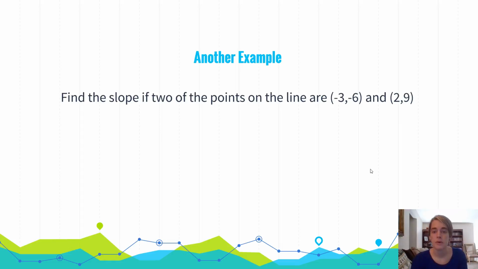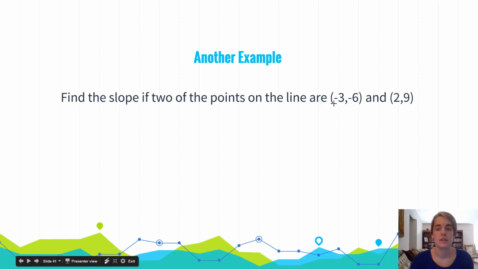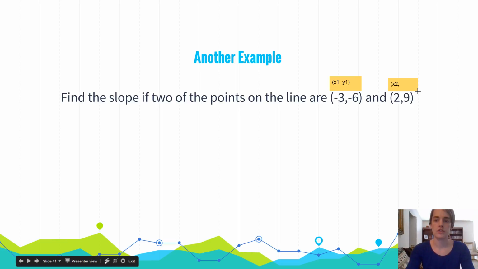Here's another example. This one gives us (-3, -6) and (2, 9). So if we label these as our x1, y1, and x2, y2, I'm just going to go in order. It's up to you how you label them. So this one is x1, y1, and then this one I'll call x2, y2.